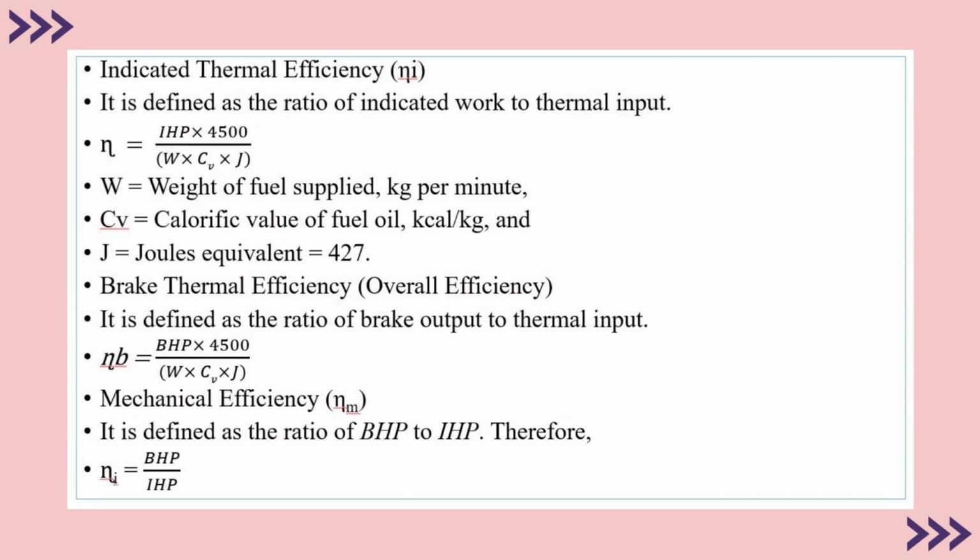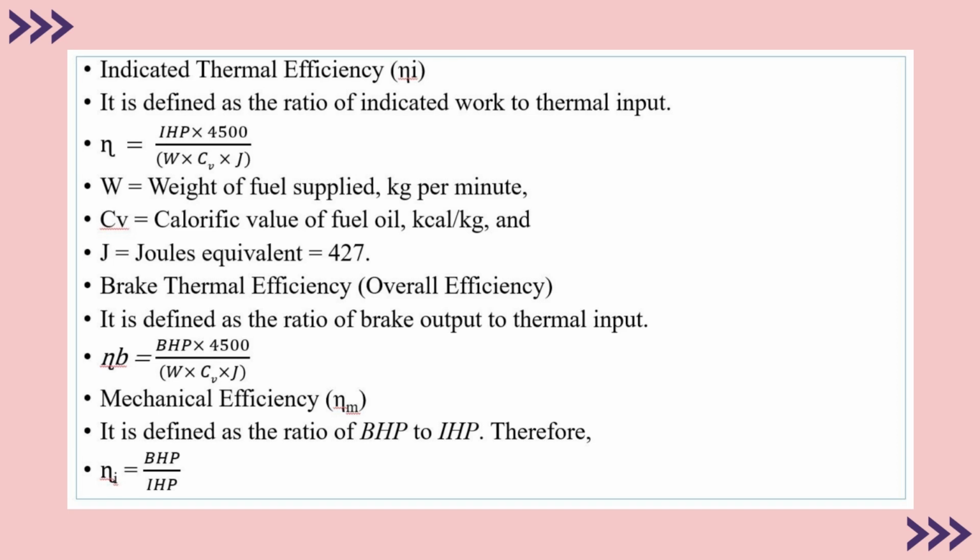Then comes the indicated thermal efficiency. It is defined as the ratio of indicated work to the thermal input. Thermal input, why? Because here in case of engine the input, heat input, is from the fuel only. So we know that the heat input will be weight of fuel multiplied by the calorific value of the fuel.